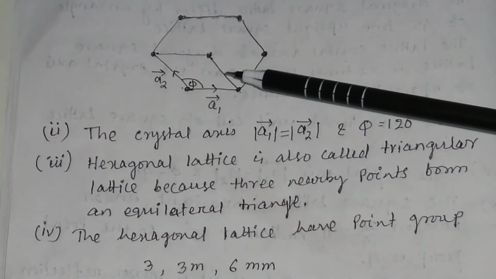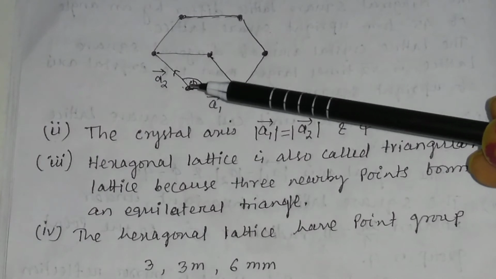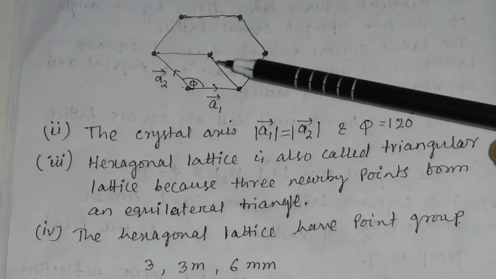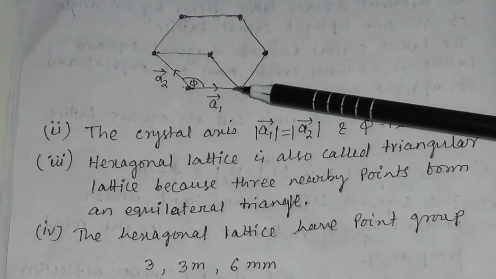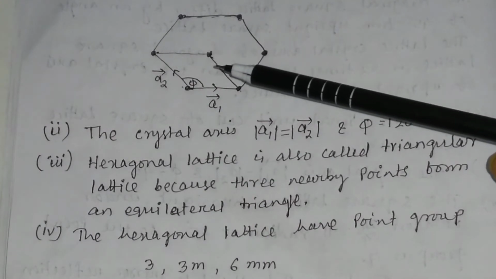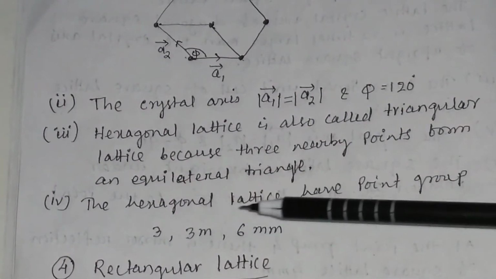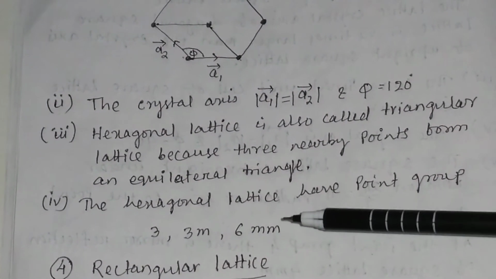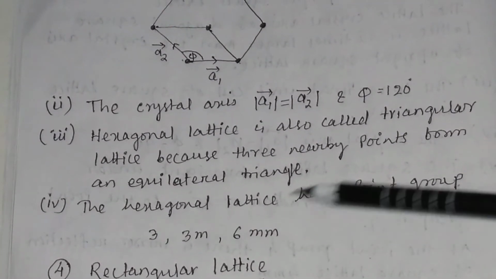So the hexagonal lattice is called a triangular lattice because 3 nearby points form an equilateral triangle. The hexagonal lattice has point groups 3, 3m and 6mm. So the hexagonal lattice has 3 point groups: 3, 3m and 6mm.